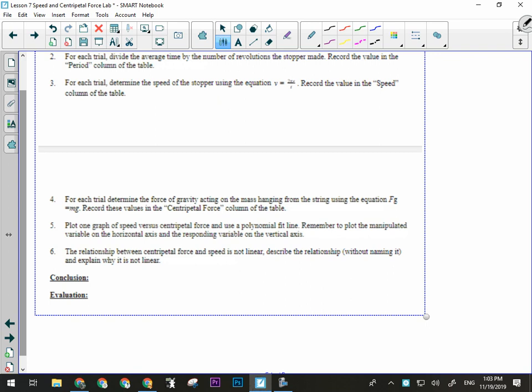And then in number 6, the relationship between centripetal force and speed is not linear, and you'll see that when you apply the polynomial fit. Describe the relationship without naming it, and explain why it's not linear. So in question number 6, basically I'm telling you, look at this formula, but think about it manipulated for V, because we're trying to find the effect of this one on this one. So when that's manipulated for V, remember that it looks like this.